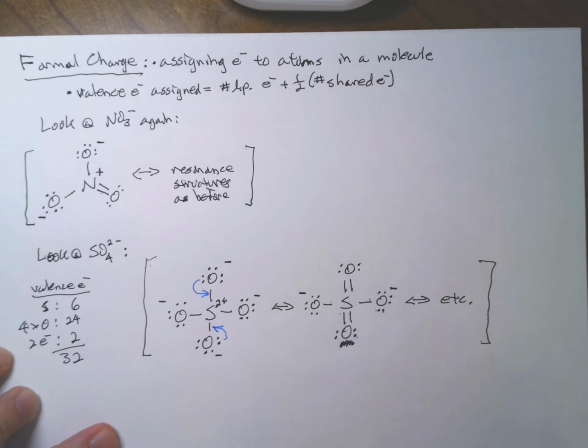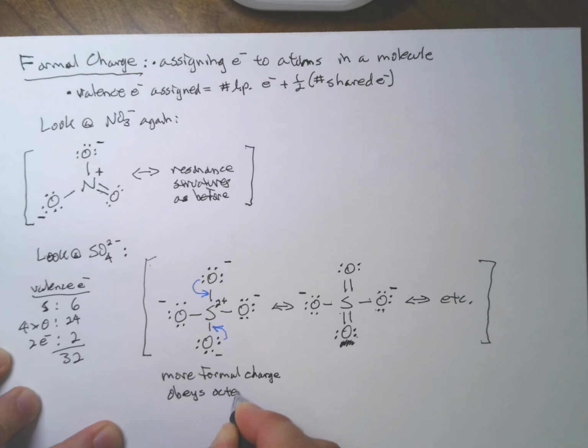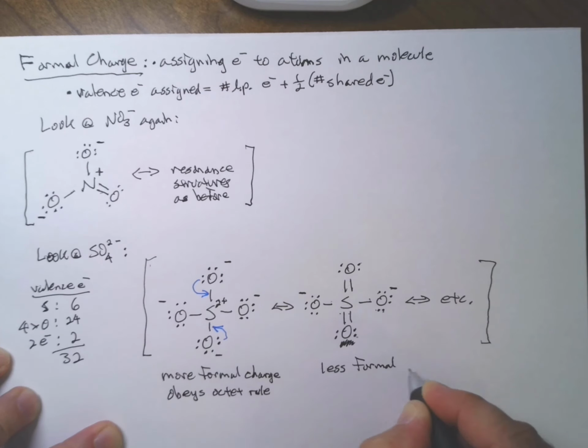So now the question is, which is a better Lewis structure? We have more formal charge, but it obeys the octet rule. Here we have less formal charge, but it exceeds the octet rule.